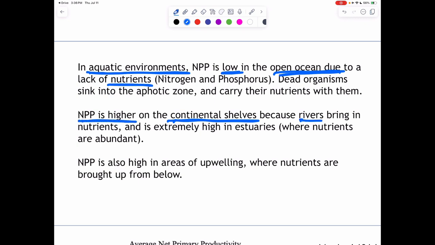This is because our rivers are bringing in the nutrients, and where the rivers collide with the oceans there are so many nutrients. These abundant nutrients are what cause this high NPP. We can also have other areas of high NPP where we have upwelling, where nutrients are brought up from below. We're going to look at ocean currents a lot later, but it's important that you remember that NPP is not the same all throughout the ocean environments. It can change in many different locations.